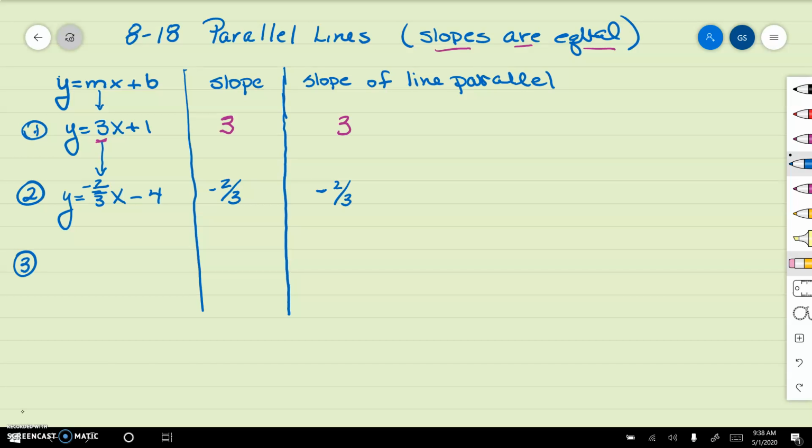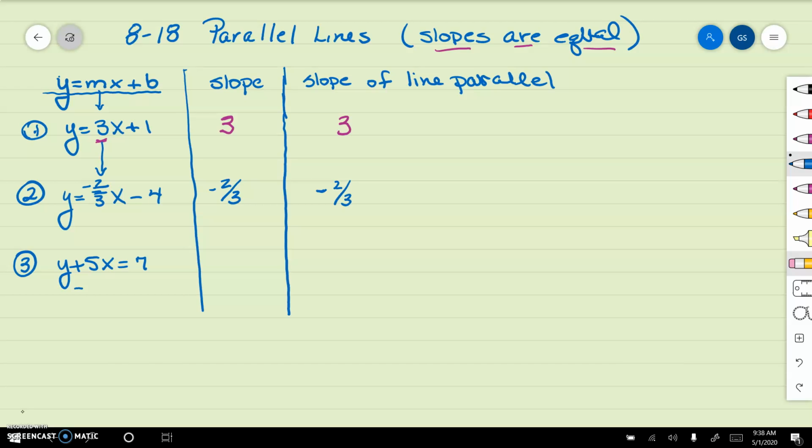All right, number 3. I'm going to give you y plus 5x equals 7. I hope you notice a little problem here, and it is that y is not alone. We need this to be in y equals mx plus b form, or slope-intercept form it's called. So we need to get this 5x over to the other side.